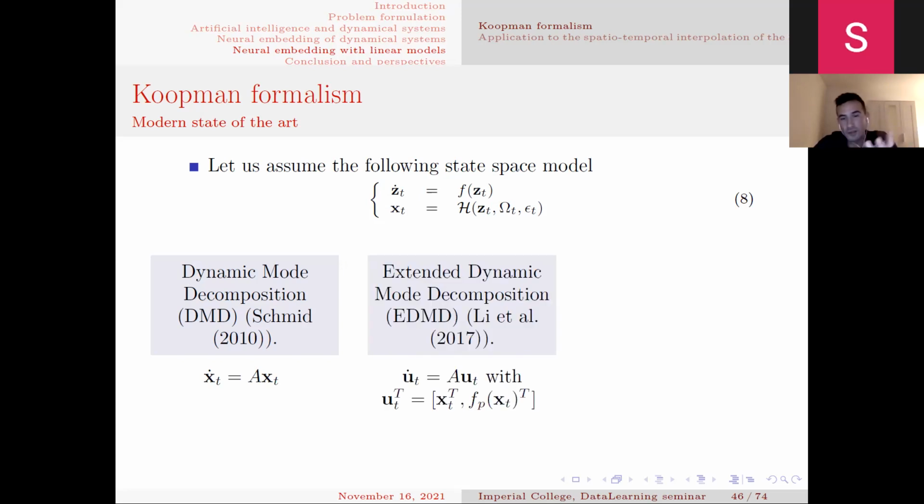The extended dynamic mode decomposition approximates this operator by computing the best linear fit that advances observables of the observations in time. There is this F_p of X here, and it can be alone without the X, but this F_p is simply a parametric family of nonlinear functions.